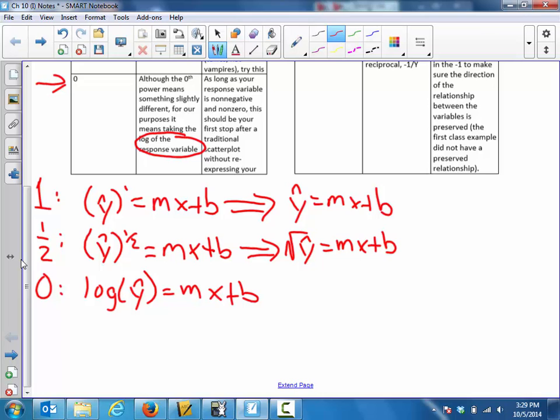It's not really that Y to the 0th power is the same thing as the log of Y. It would be this: Y hat to the 0th power equals mx plus b.